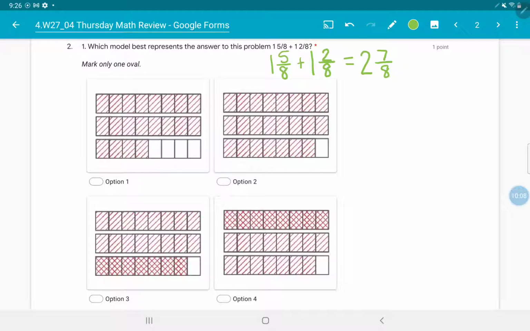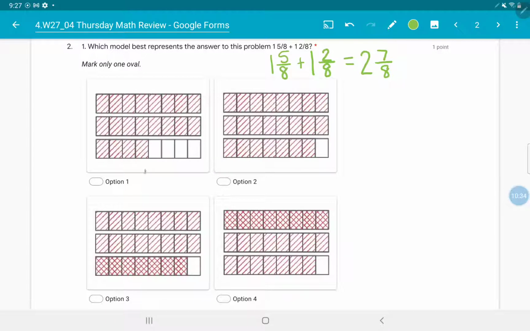It's either the second one or the first. Which one shows 2 and 7/8? Okay, well here's 1 whole, 2 wholes, and then if I count the eighth-size pieces, I have 1/8, 2/8, 3/8, 4/8.